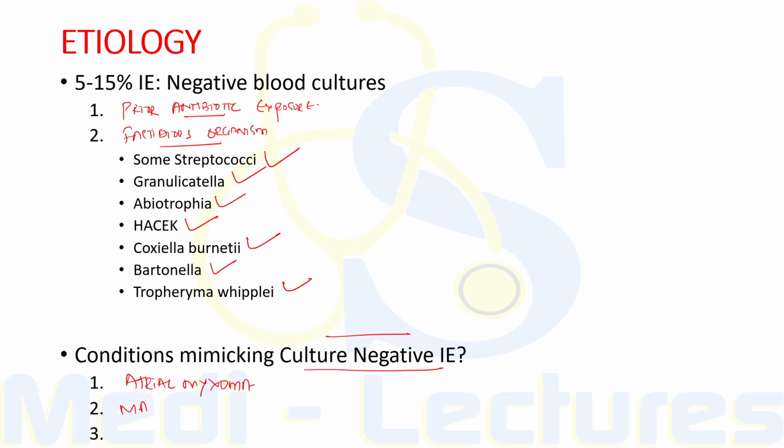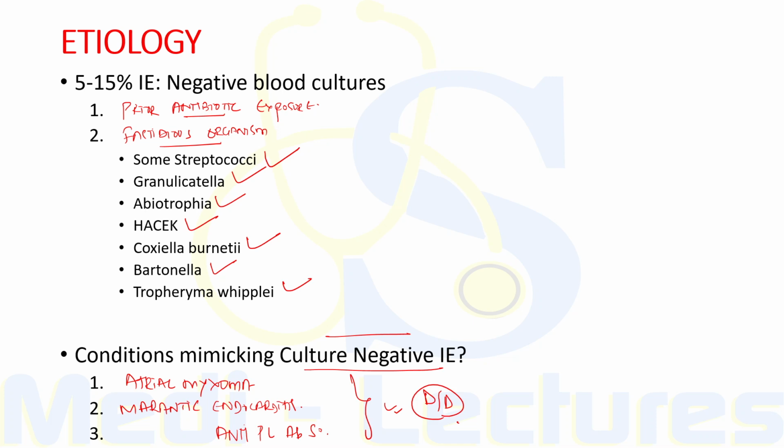Then marantic endocarditis. Marantic endocarditis is associated with hypercoagulability states like cancer, autoimmune diseases, or HIV. And finally, antiphospholipid antibody syndrome. So these conditions can mimic culture negative infective endocarditis and should be kept in the differential diagnosis.